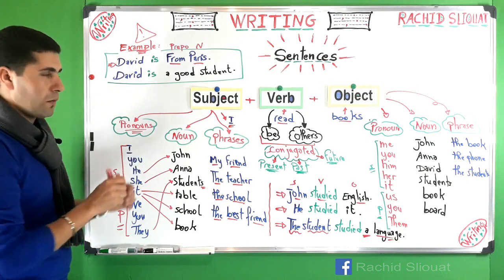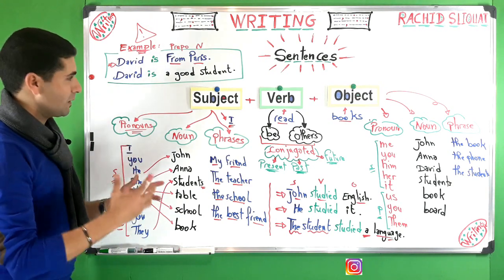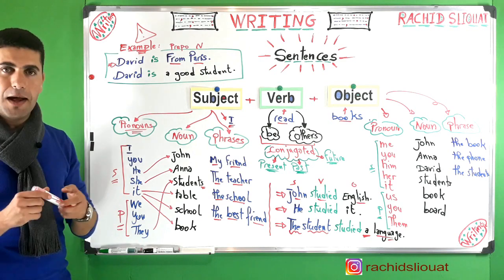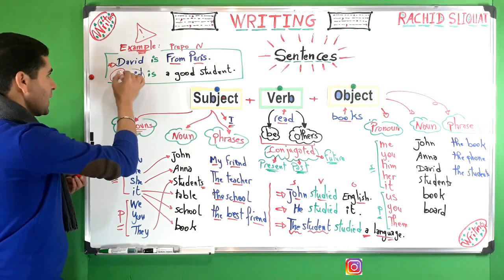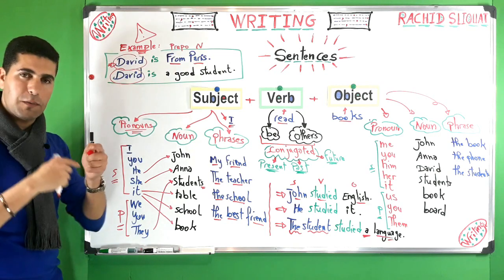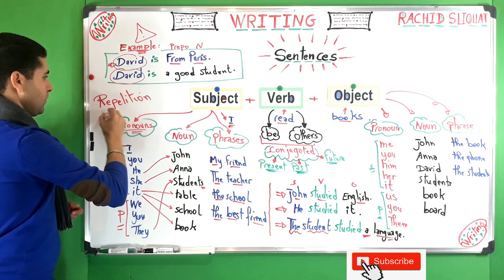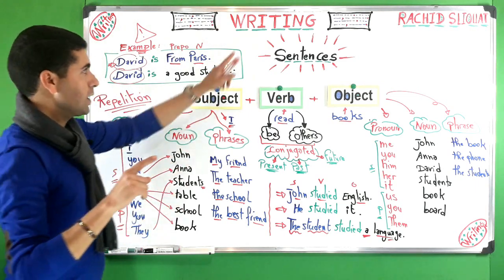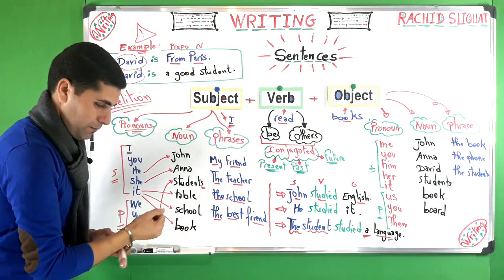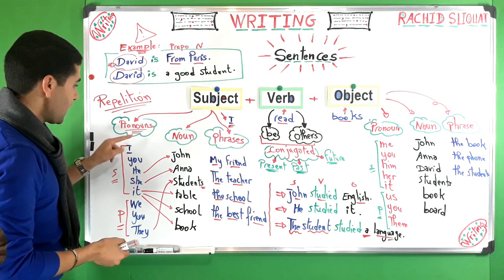Now, is this sentence correct or not correct? David is from Paris. David is a good student. So here there is a problem. What is the problem? Very simply, here we have David number one and David number two. So here we have a repetition, and repetition, as I told you before, is not good in writing. So number two, we have to replace it with a pronoun.